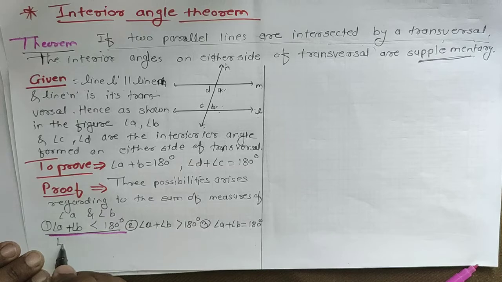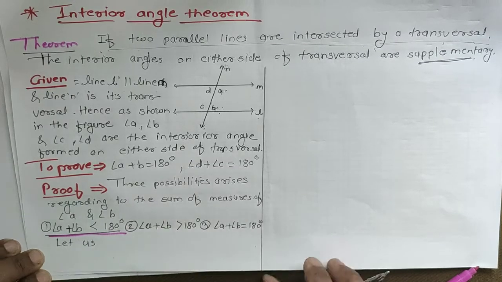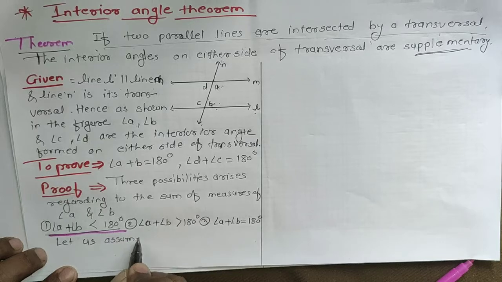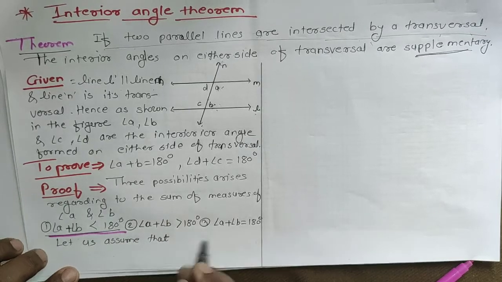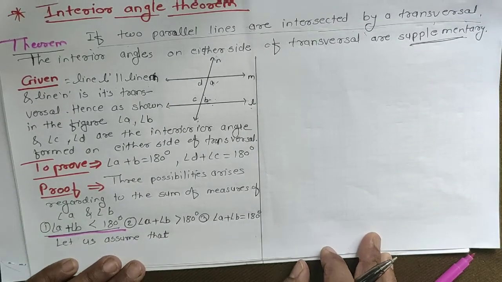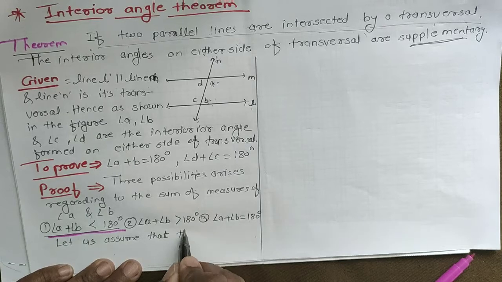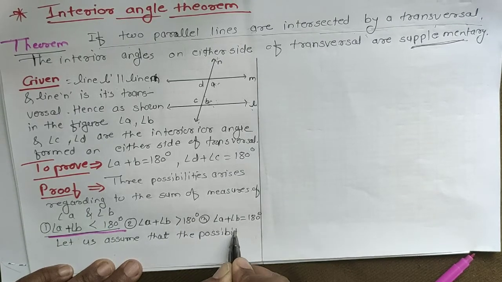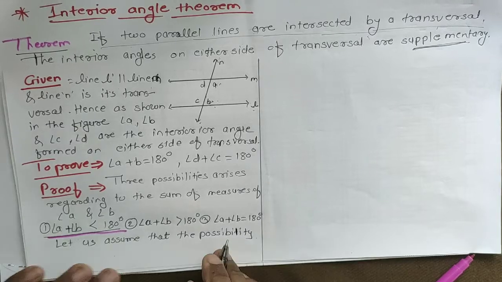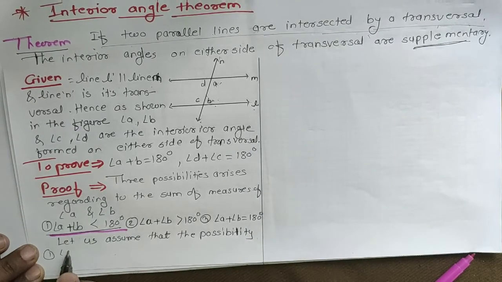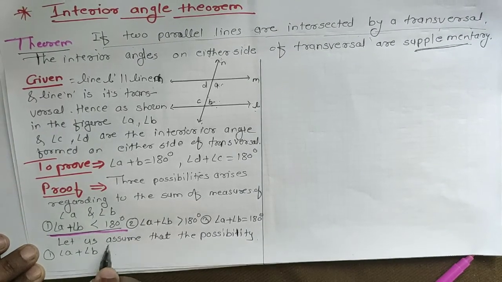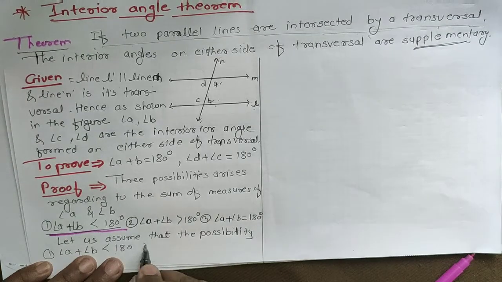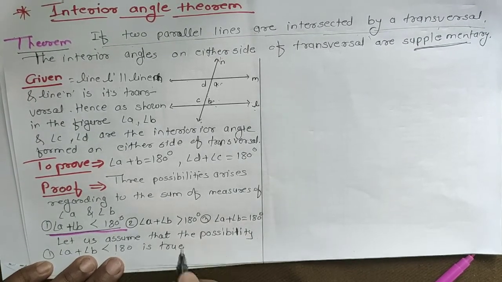So here, let us assume that the possibility, angle A plus angle B is less than 180, is true.